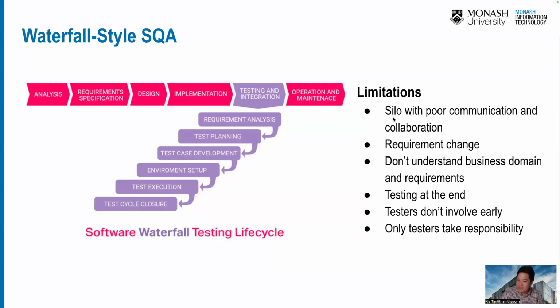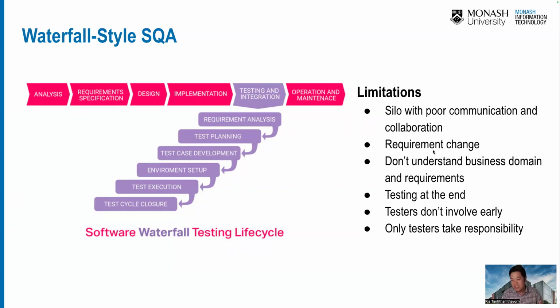First, it is quite siloed, with poor communication and collaboration. At the beginning, the requirement engineers start working with the software engineers, but they don't talk with the QA department, the quality engineers, or the software testers at all. How can we ensure that the requirement is testable, and how can we test it?